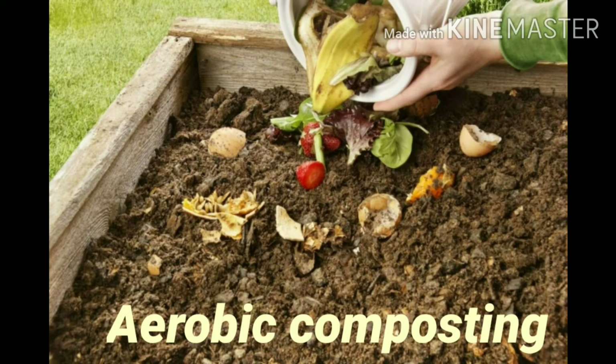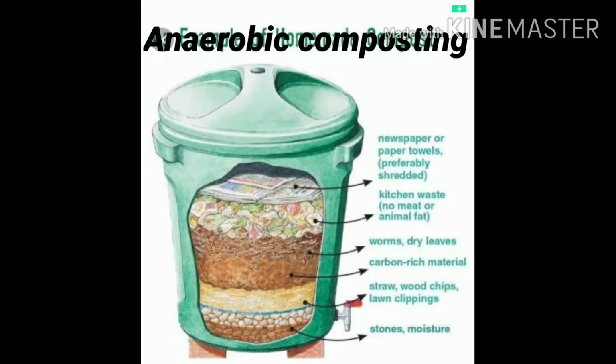If sufficient aeration is not available, then it gives out bad odor. Anaerobic composting. The decomposable waste is converted into soil conditioners and the material obtained does not produce bad odors and can be added to land to enhance the soil quality.